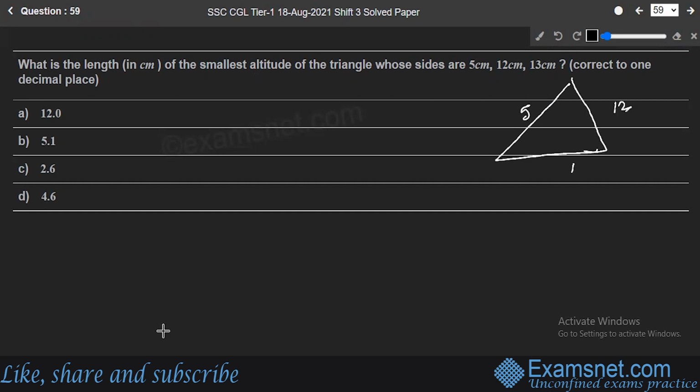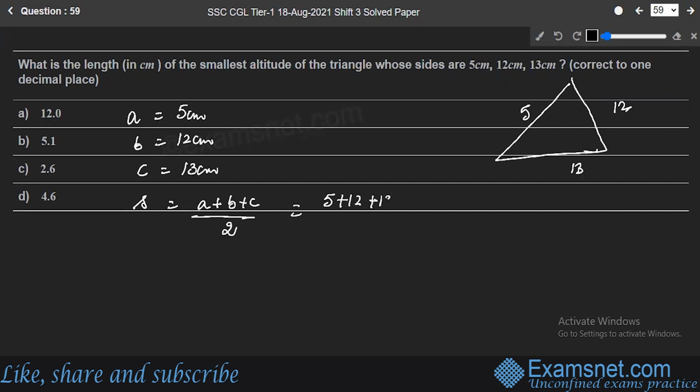So let's say A is equal to 5 centimeters, B is equal to 12 centimeters, and C is 13. Let's find out the semi-perimeter, that is A plus B plus C upon 2. That is 5 plus 12 plus 13 upon 2, which will be equal to 15 centimeters.